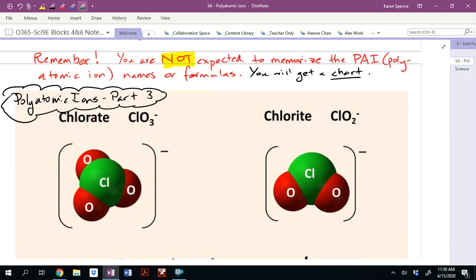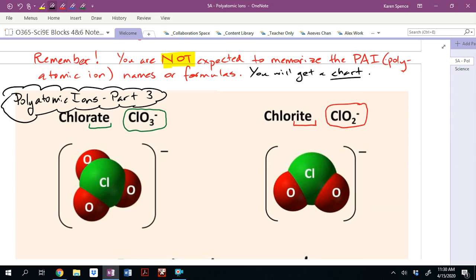So what we're going to look at today is the difference between an ate ion and an ite ion. If we look at these two formulas, ClO3 negative and ClO2 negative, we can see that they have some things in common.